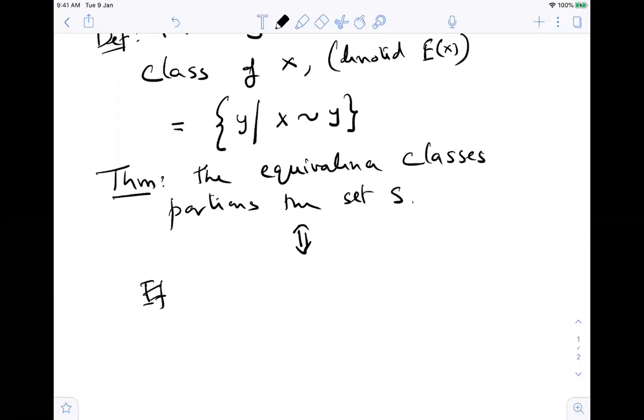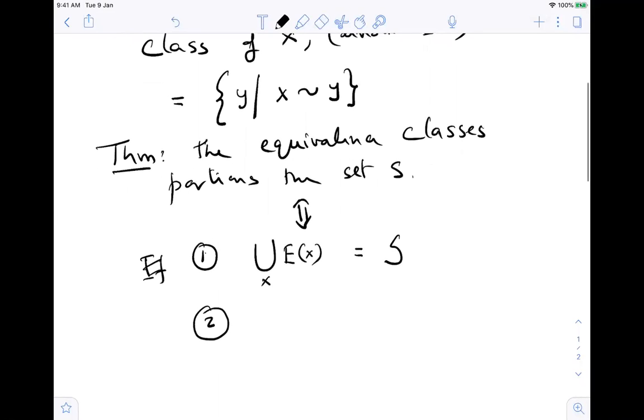First of all, it means a few things. Number one, the union over all the equivalence classes of x is the whole set S. Secondly, two equivalence classes should not intersect.